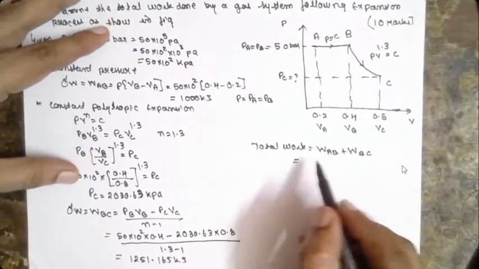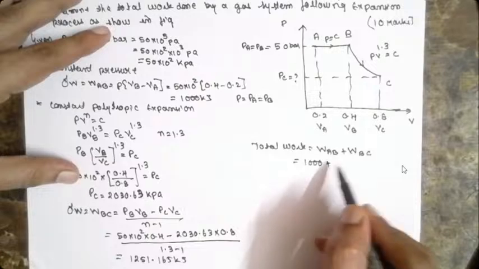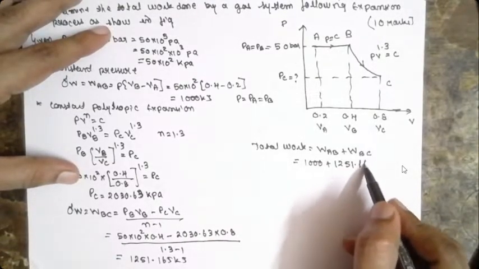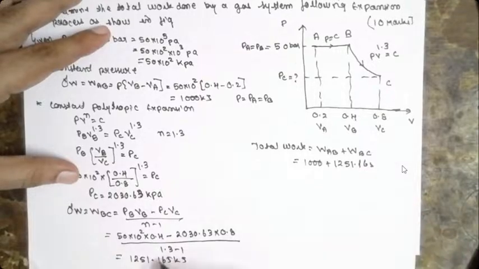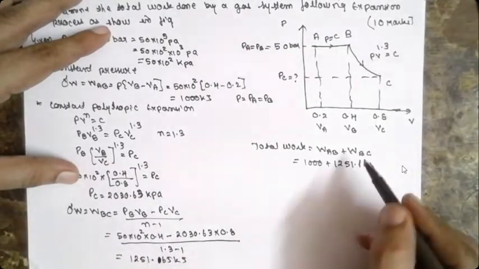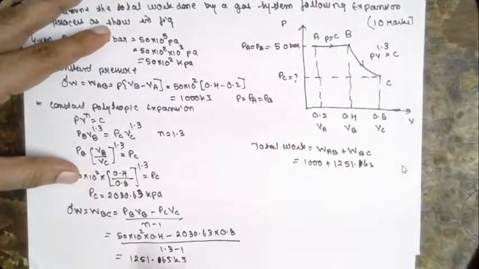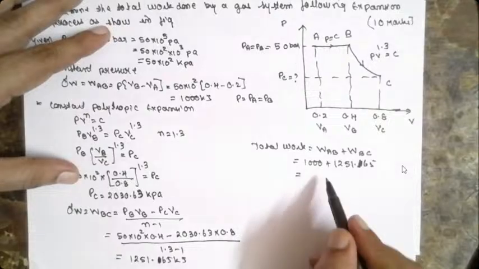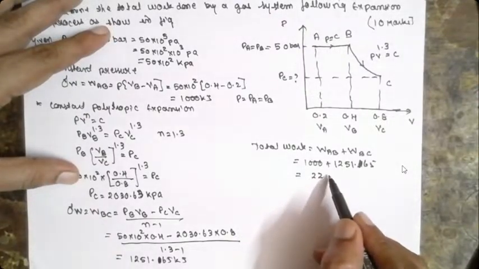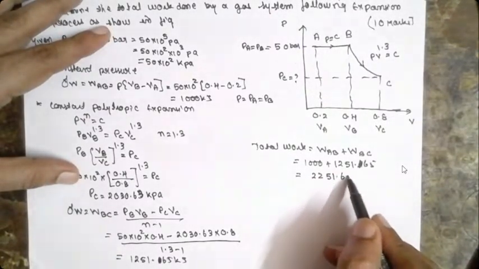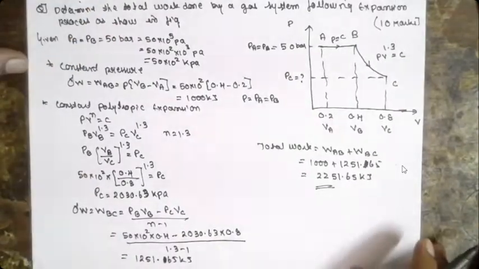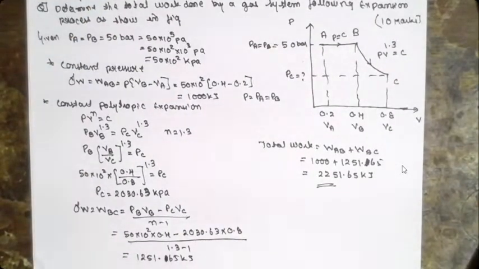Add 1000 plus 1251.65. If you add, the answer will be 2251.65 kilojoule. Any doubt regarding this problem?